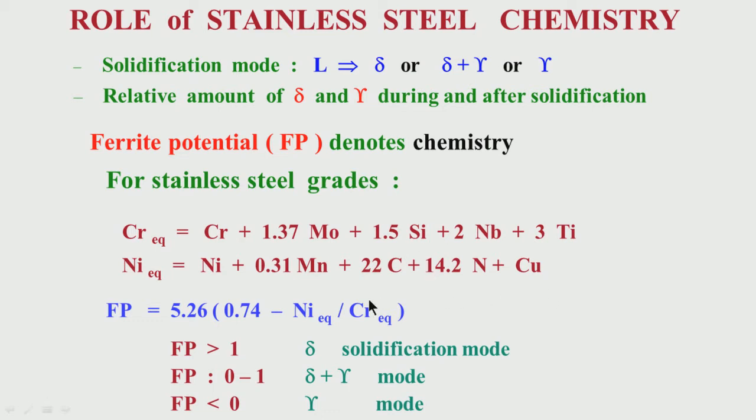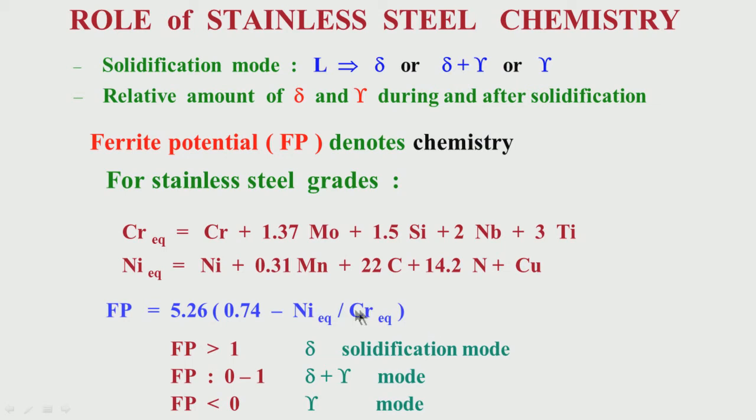If you have a nickel equivalent to chromium equivalent ratio of, say, 0.75, then 0.74 minus 0.75 is negative, multiplied by 5.26, so the whole thing is negative. So the ferrite potential is less than 0, which means it is gamma mode.